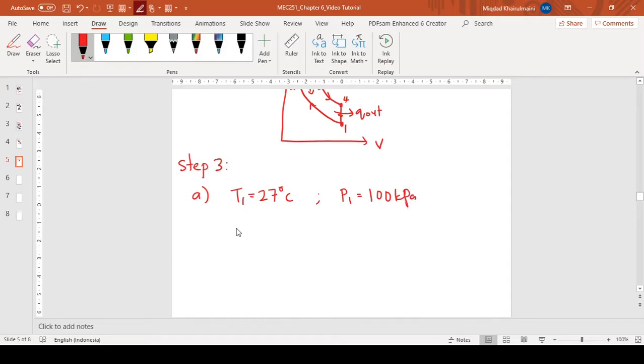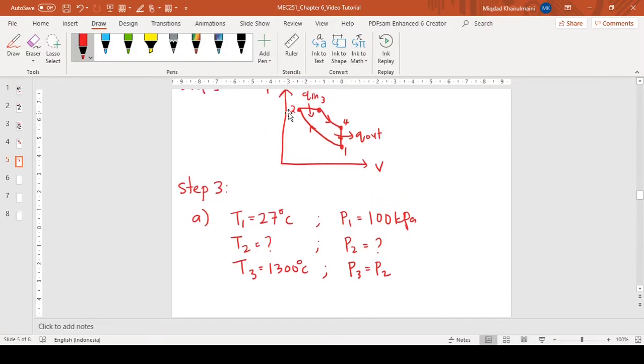Okay, so for state 2, we don't have the temperature, so we have to calculate, and also we don't have the pressure at state 2. For state 3, we do have the temperature, which was 1300 degrees Celsius. The pressure at state 3 is the same as the pressure at state 2 because the process is a constant pressure process.